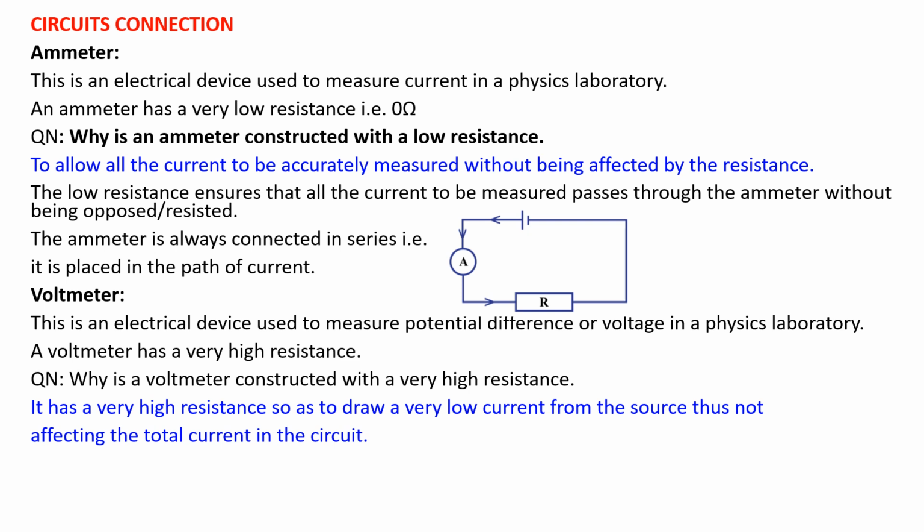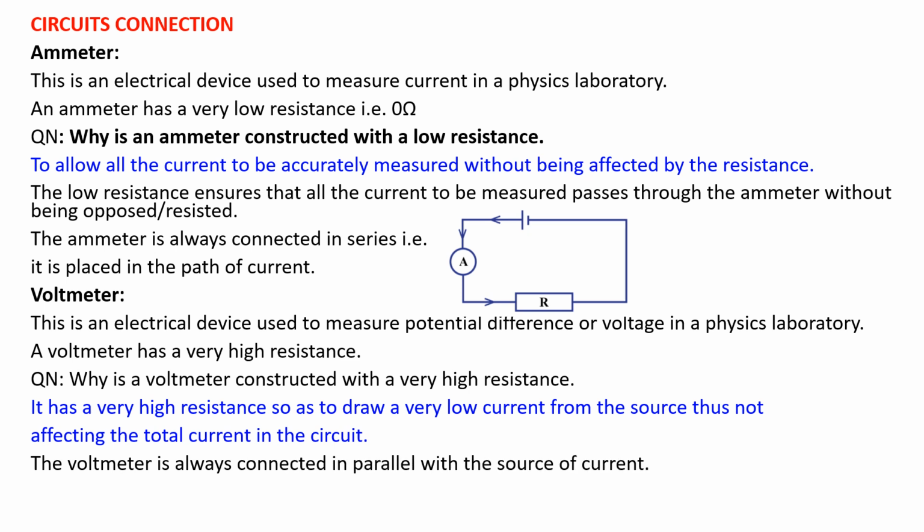However, it should be calibrated in such a way that it has very high resistance. The voltmeter is always connected in parallel because we want to determine the potential difference across. If you want to measure the potential difference across the cell, across the appliance, then you have to connect it in parallel with the source of current, as you can see.